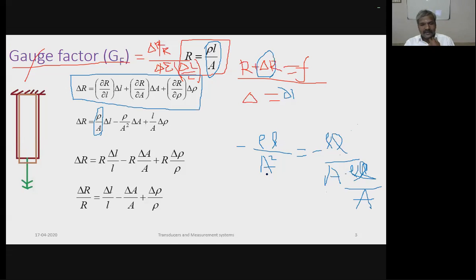So 1 minus A square rho, actually rho L should be here, keeping rho L constant, A rho L divided by A square into rho L by A. So both rho L cancel here. This is one more A.